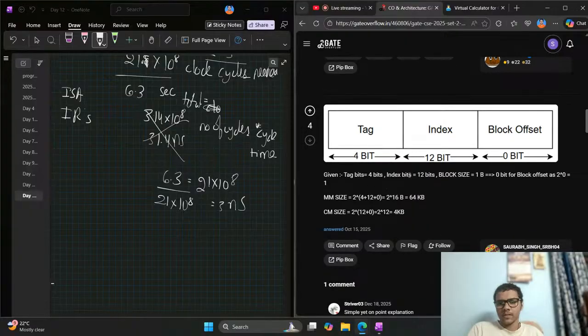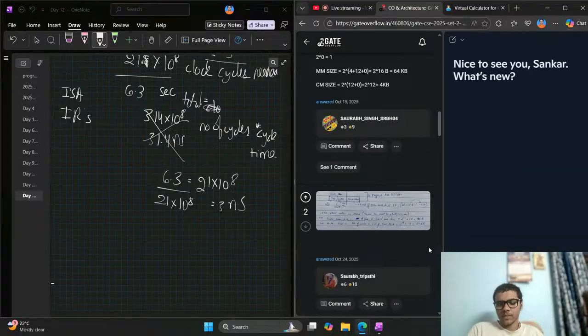Tag bits, index bits, and block size. Main memory size is everything, okay? Cache memory. So let me get this right.